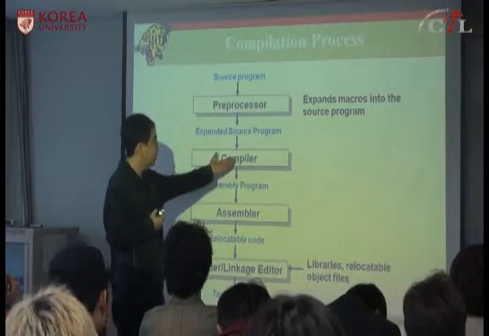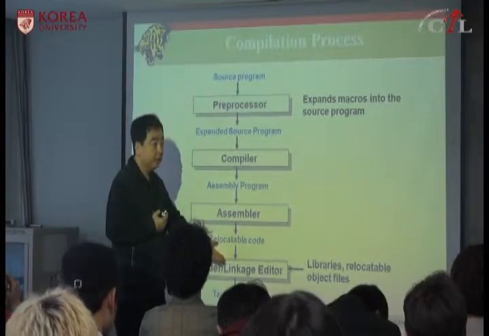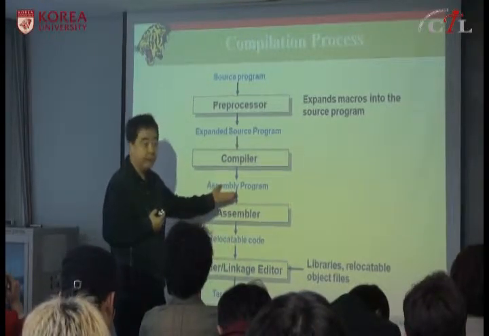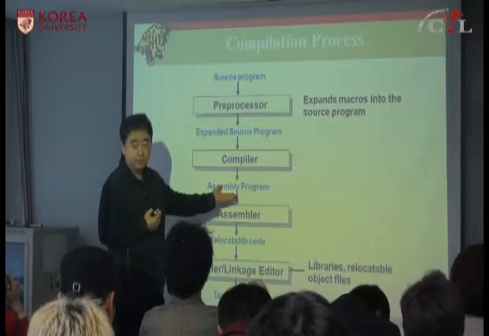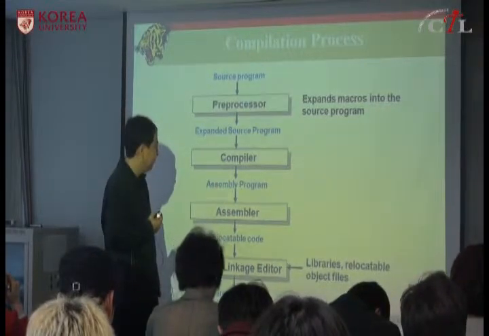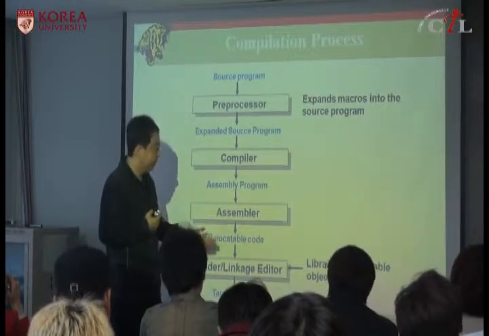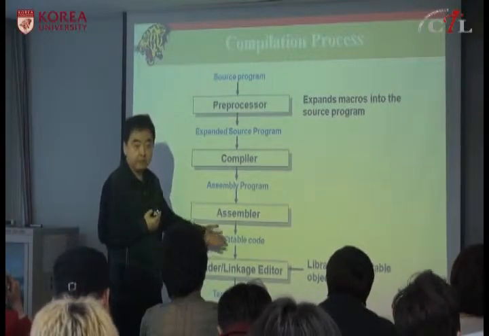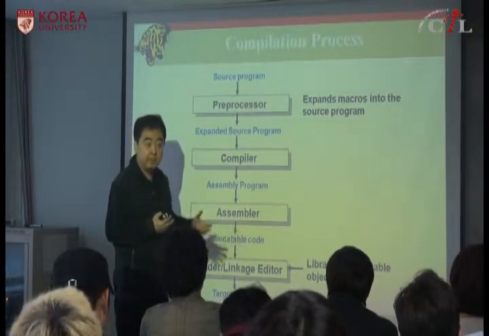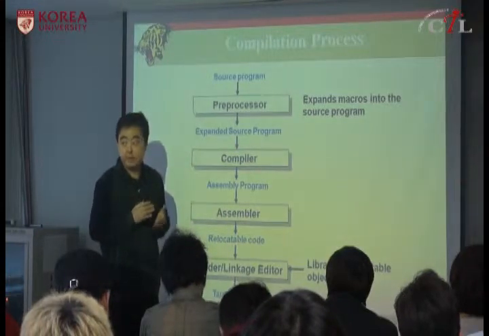Using the compiler option, you can generate object code directly, or you can generate symbolic machine code, assembly programs. As a result of this compilation, it generates relocatable code. This is an object file, binary machine instructions, but it's not executable.